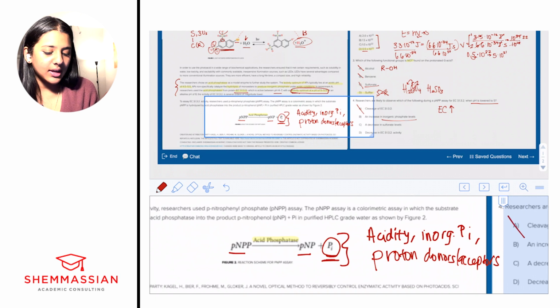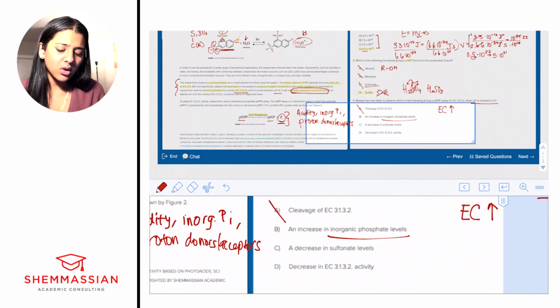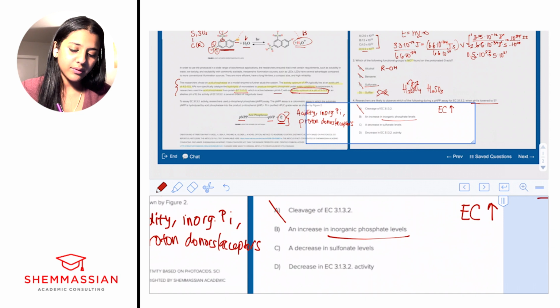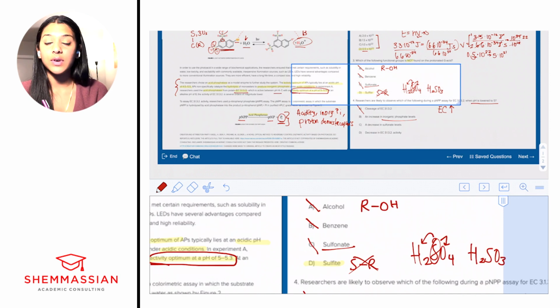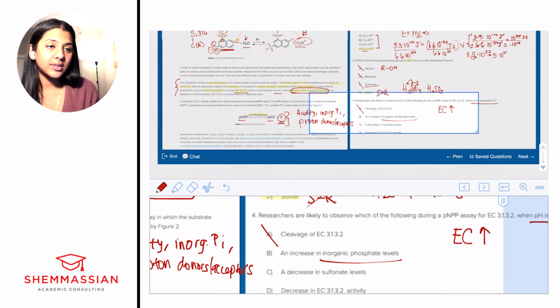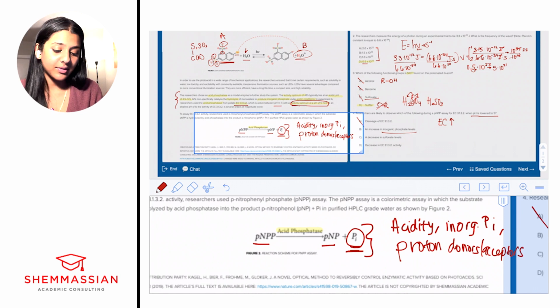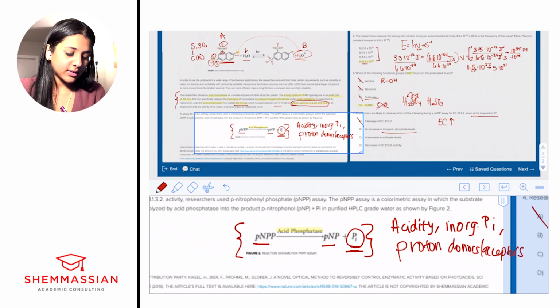Okay, and D, a decrease in this acid phosphatase activity. So from what we read, the activity optimum of this enzyme is at a pH of 5 to 5.3, which would mean that its activity is actually increasing, and choice D is the exact opposite of that. So we can cross that out.